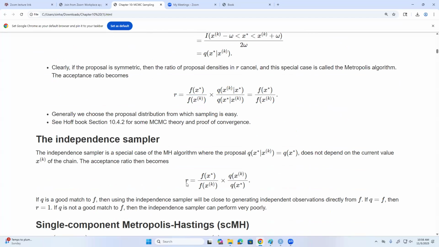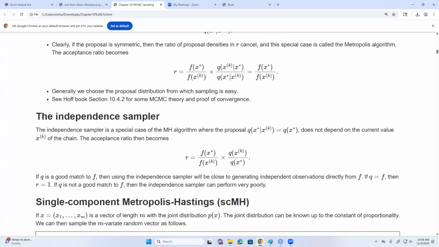And in that case, you just take the ratio of the corresponding target densities and the proposal densities. Now, if Q is a good match to F, then using the independence sampler will be close to generating independent observations directly from F, which is good news.